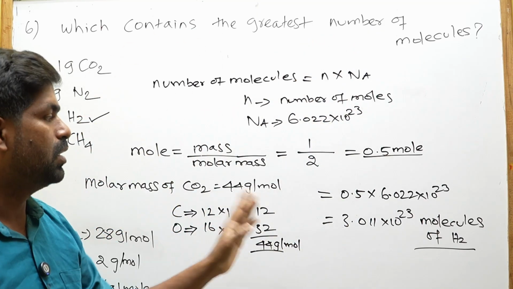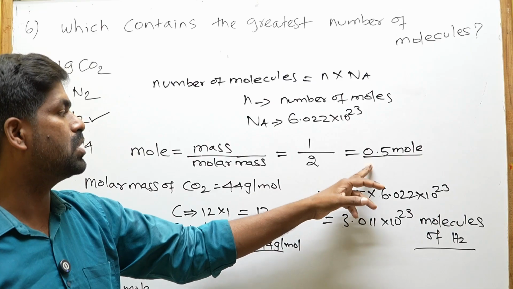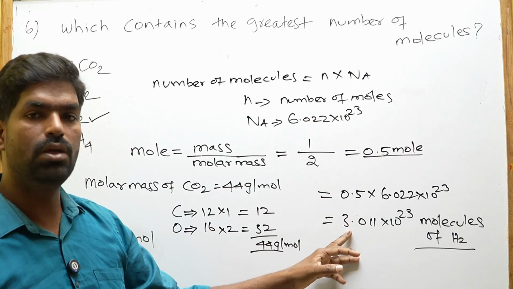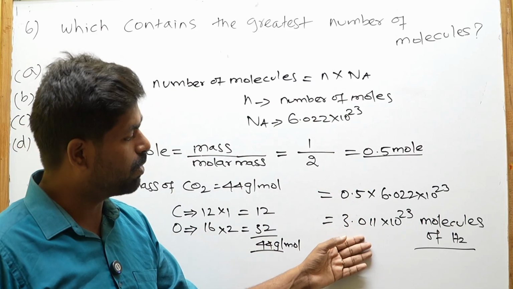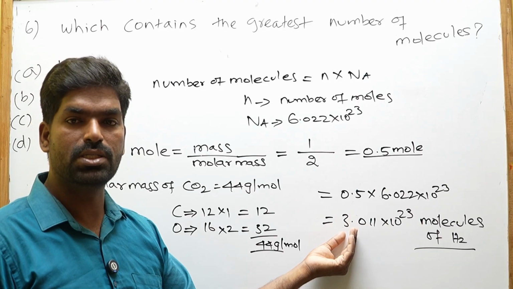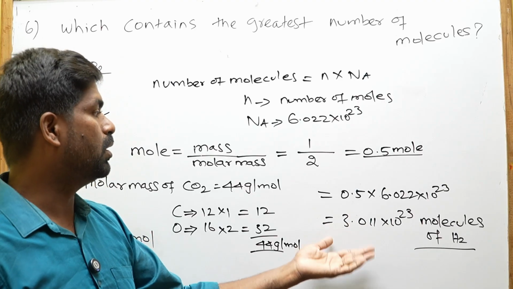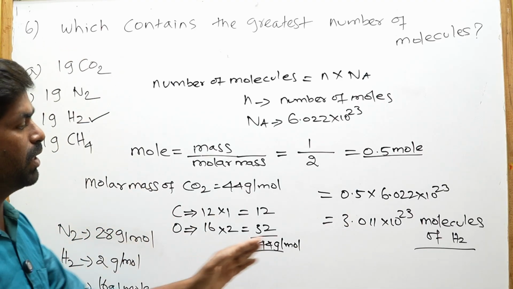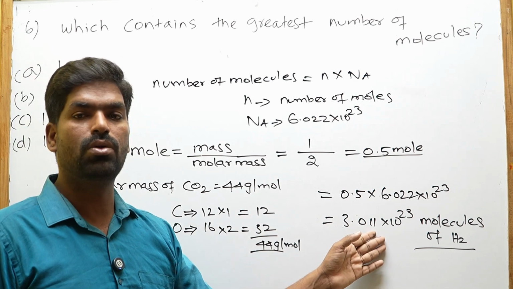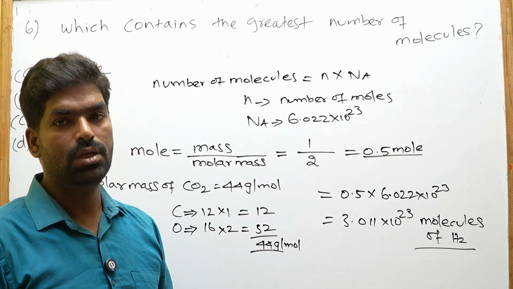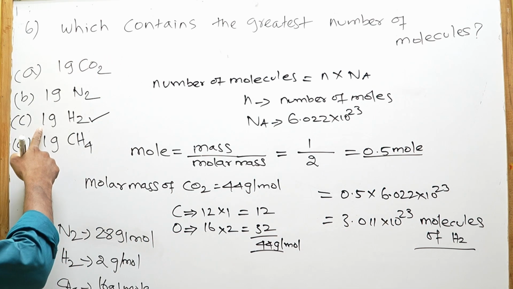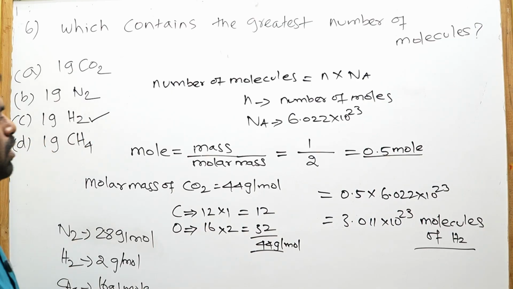When you multiply the number of moles by the Avogadro constant, you get the number of molecules present. Therefore, in dihydrogen we have roughly 3.011 into 10 power 23 molecules. So option C is the correct answer when compared with the other options.